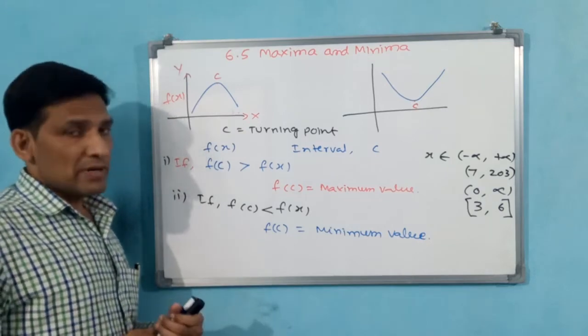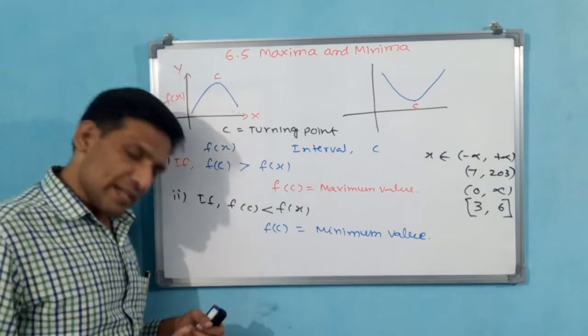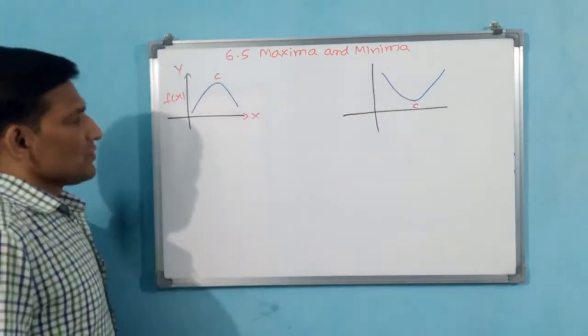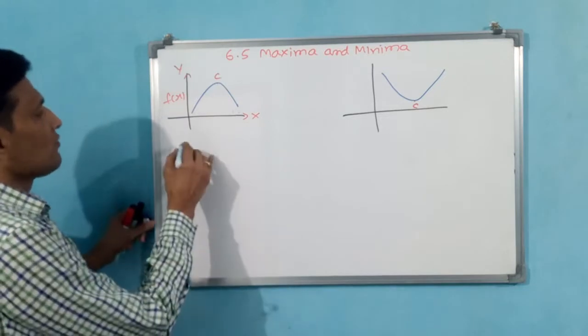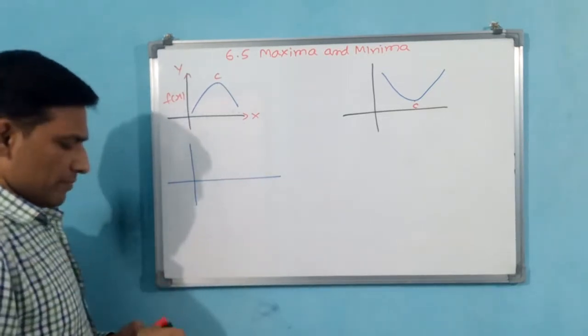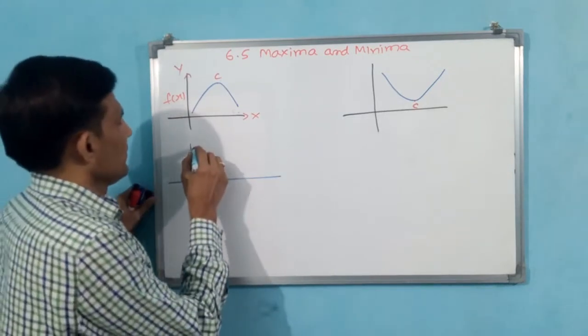But you may have one doubt. Is there any function which is having both maximum value and minimum value? Yes, there are. I am rubbing and writing. First you understand this. See, another graph I am drawing. You observe carefully. This graph I am drawing, you see.